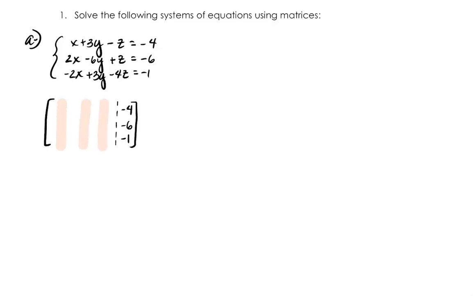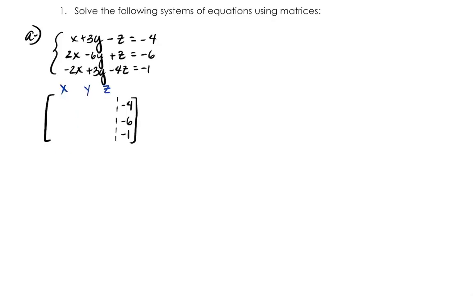The first column will be for the x values, the second column will be for the y values, and the third column will be for the z values. So in the first column, we will have the coefficients of x. In the second column, we will have the coefficients of y. And in the third column, we will have the coefficients of z.